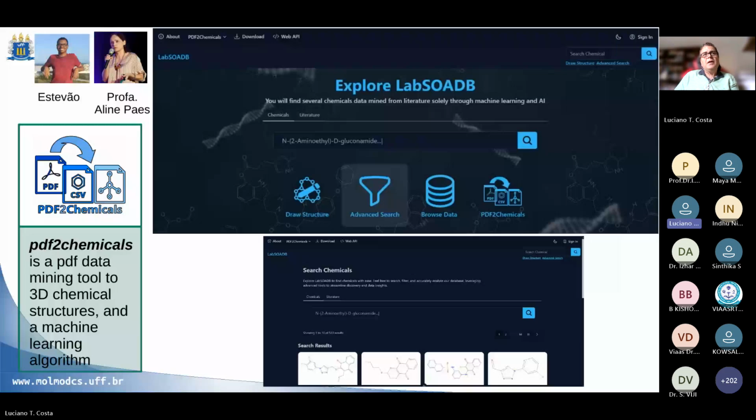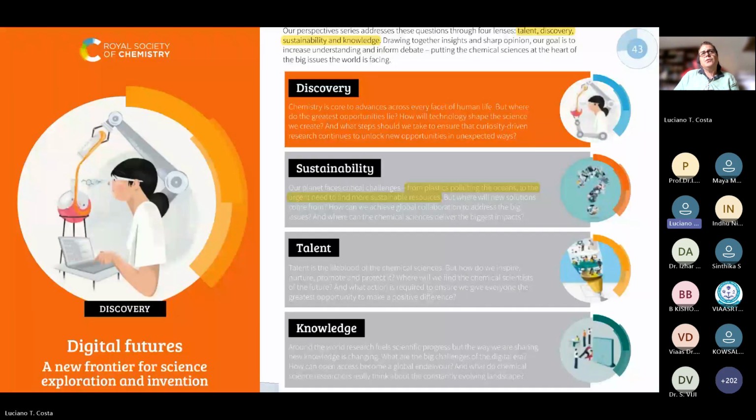But I'd like to highlight this, showing you the Royal Society of Chemistry report, where they published quite recently, last year, a kind of guide about the digital future and the chance that we will pass about the discovery, sustainability, talent, and knowledge.